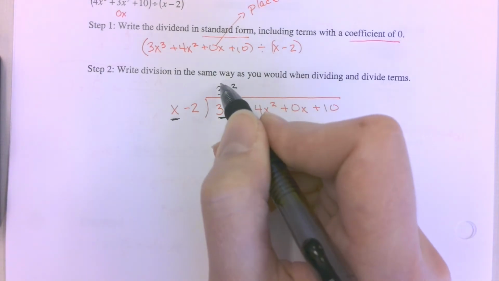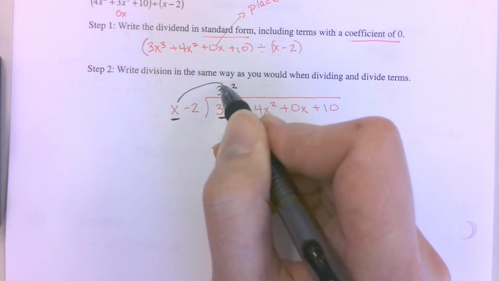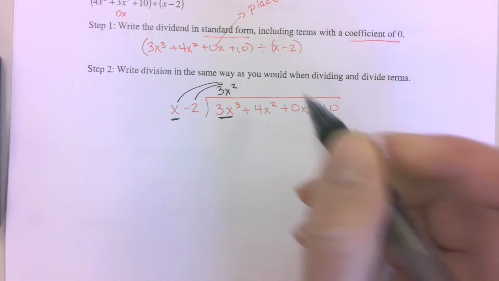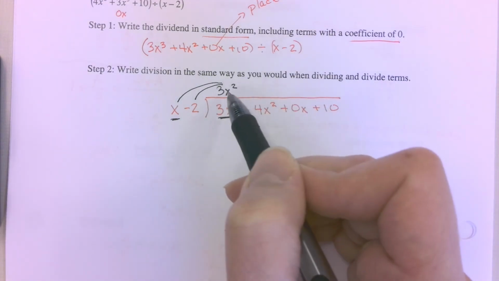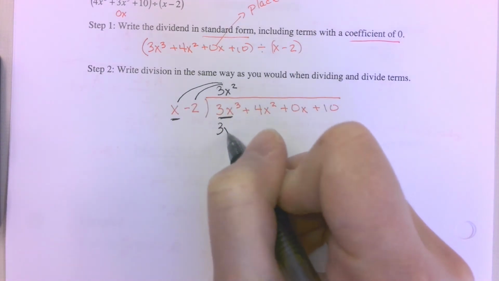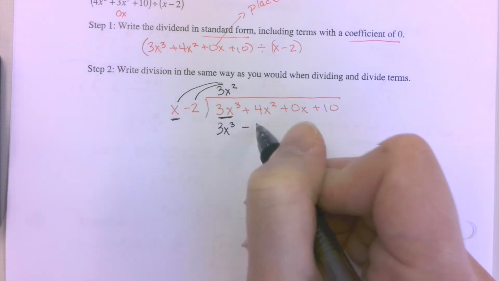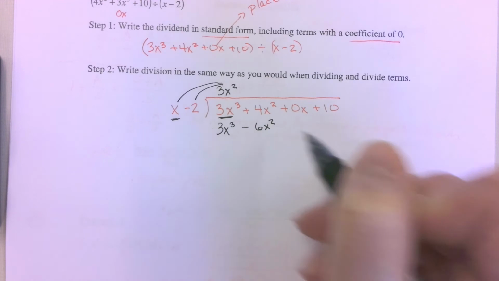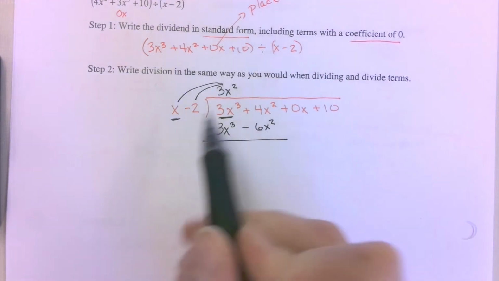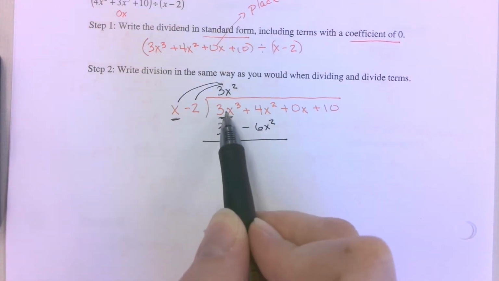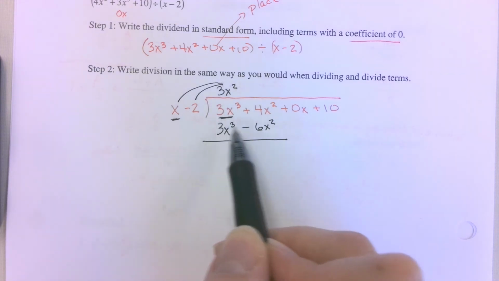Then, just like before, I multiply this, but now I distribute to both. So I take my term that I picked times x, and I get 3x to the third. And then 3x squared times negative 2 is negative 6x squared. So I force my first term to be what I want it to be, and then the second term falls out.